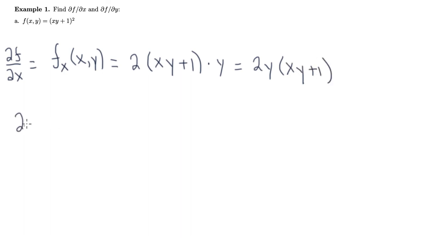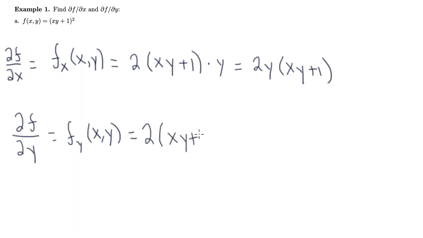Now the partial derivative with respect to y is exactly the same thing, except I want to treat x as a constant. I want to treat x as if it was just any old number. So I do the same thing. I have to bring down the 2 because this is a chain rule, and then I leave the inside alone.